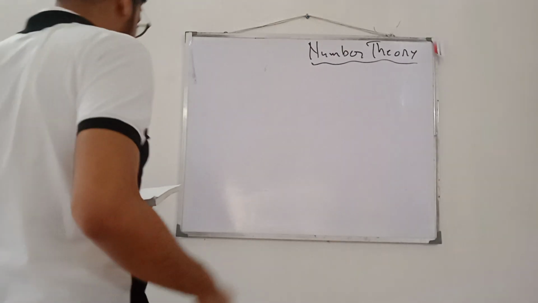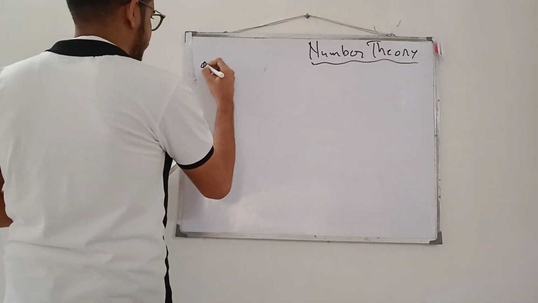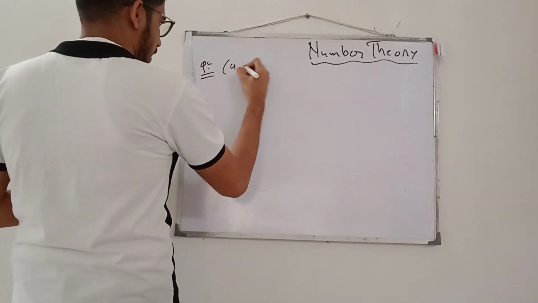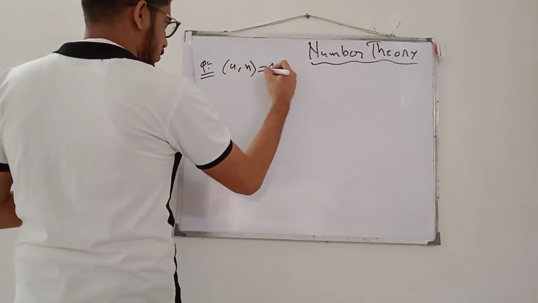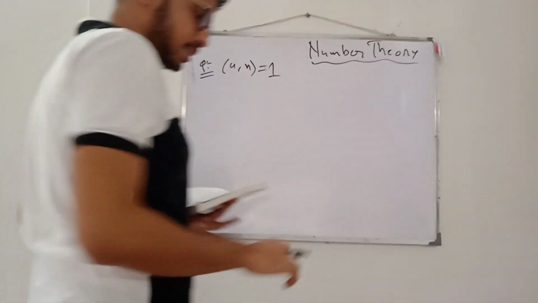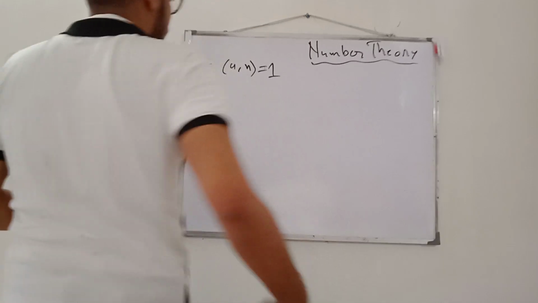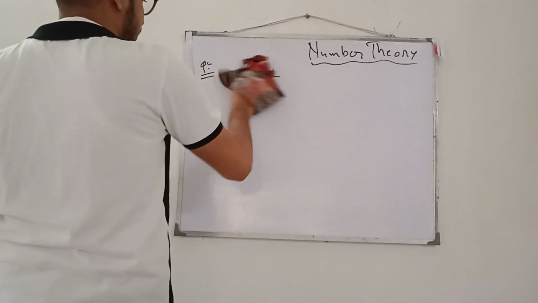An interesting one. Suppose gcd(a, n) is equal to 1. I am writing the whole question, then we will pick the abstracts from that.